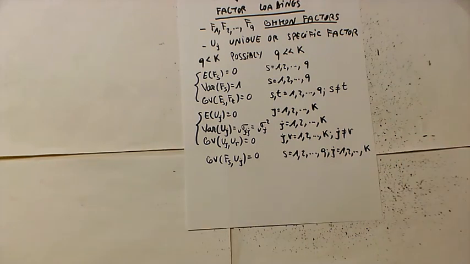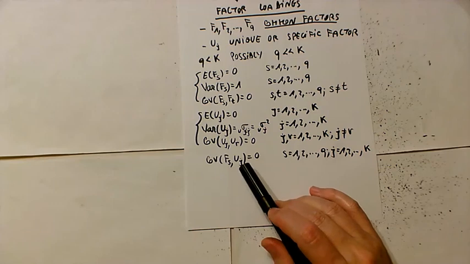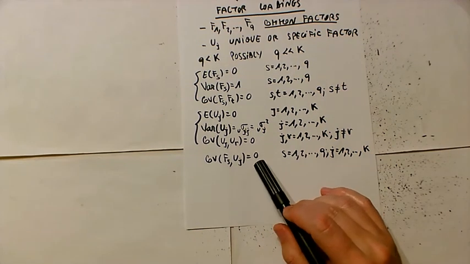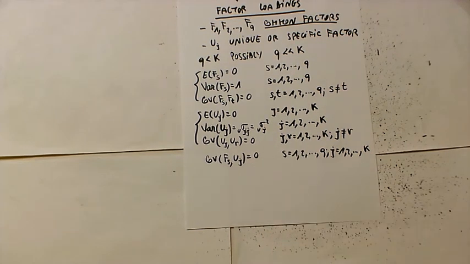So for any couple of common factor and unique factor, we have a covariance equal to 0, so null correlation. In other words, all the factors are uncorrelated: unique factors, common factors, and both of them, unique and common factors, all of them are uncorrelated.